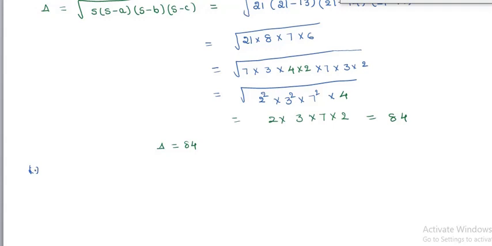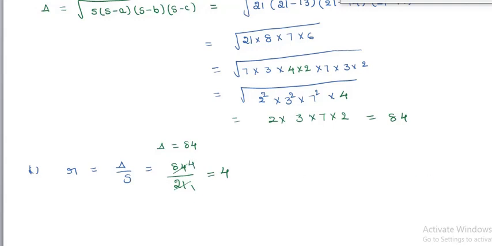Now find out small r. Small r is equal to the formula delta by s. Delta value 84 divided by s value 21. So cancellation: 21 ones are 21, 21 fours are 84, so r is 4.